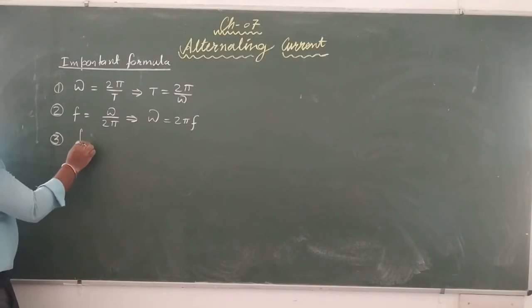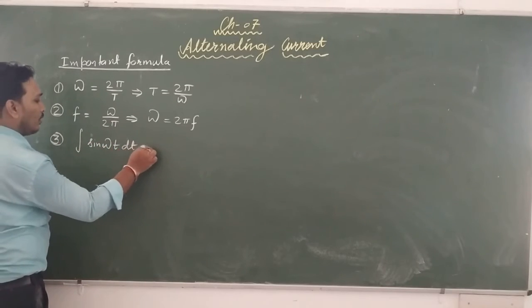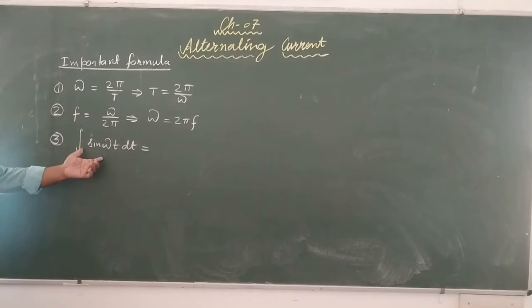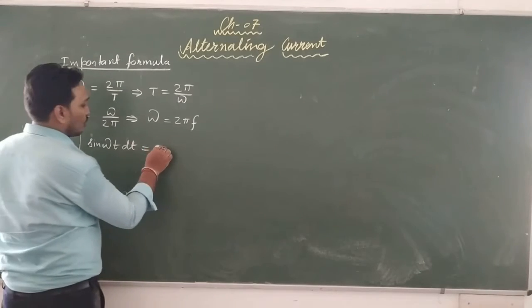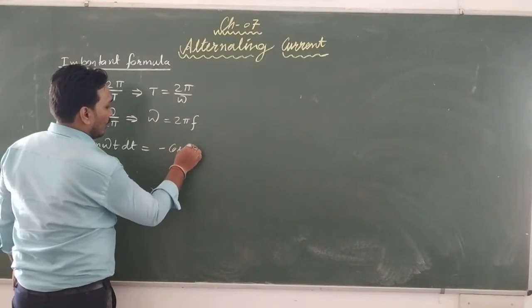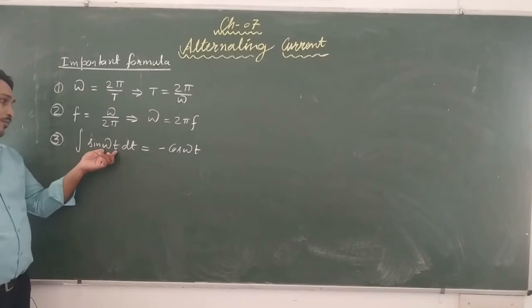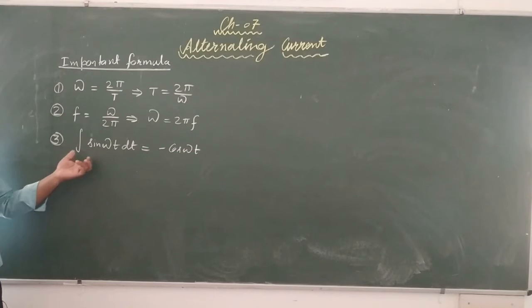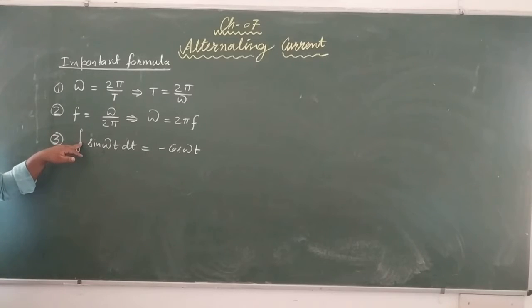Okay? Third one is integration of sin omega t dt. What is the integration of sin? The integration of sin is minus cos omega t, divided by omega. And in differentiation, if you differentiate sin omega t, then you are going to have cos omega t, and omega will be in the multiplication.